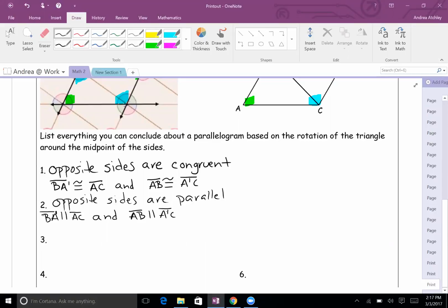Okay, do you have anything else? Very good. The sum of the interior angles of a quadrilateral, or a parallelogram in this case, will add to 360 because there's two triangles, and each triangle adds 180. So you have two of them, that means we're going to add 360.